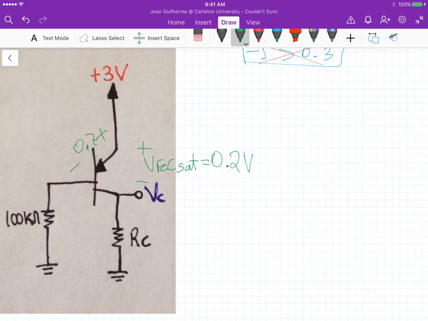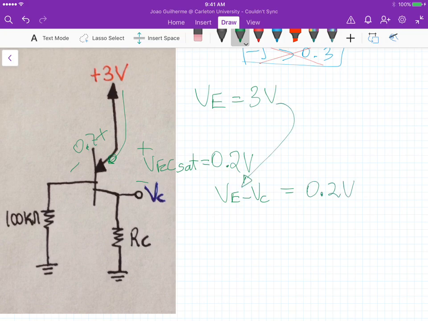And if we know that the voltage at the emitter is equal to 3 volts because it's forced by this voltage source of 3 volts, we know that VEC saturation is equal to VE minus VC saturation, which is equal to 0.2 volts. Now we know VE, we can calculate VC.